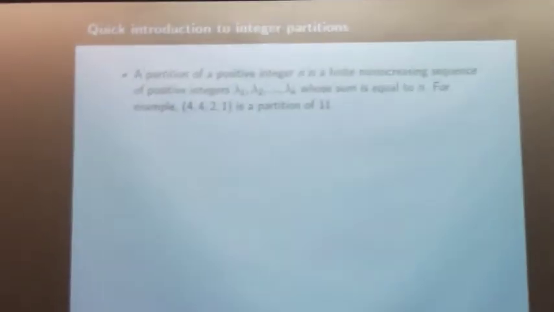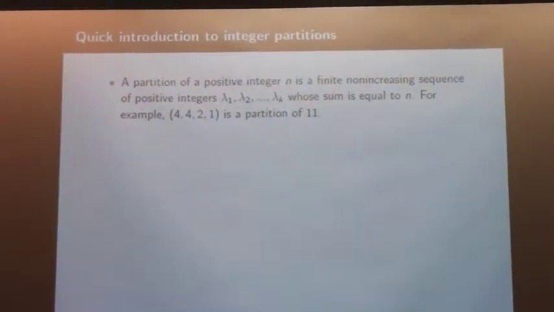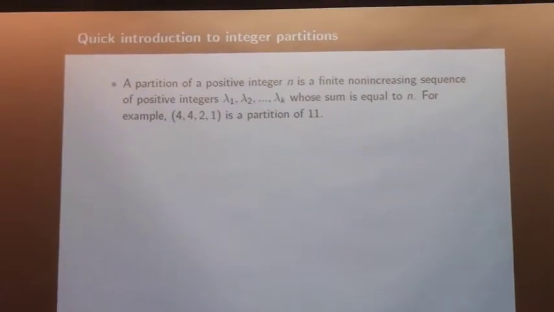Okay, so for those of you who are new to partitions, welcome to this exciting field. This is simultaneously a field that's very accessible to even primary school students in its basic definitions and ideas, but also has a wide range of connections to other fields of mathematics like algebra and statistical mechanics and so on.